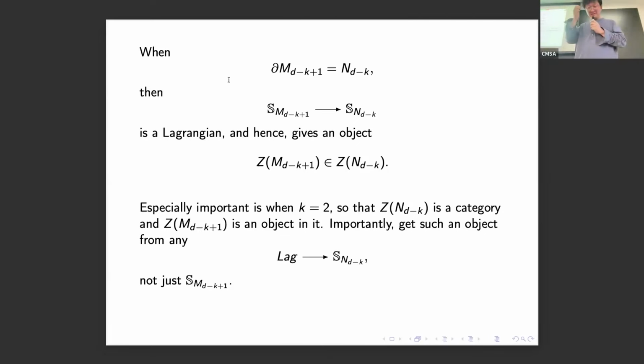So this is what I just said, the paper of David and Akshay and Yiannis. And especially, it's important to understand the case when k equals 2, so that you get a category and an object like that associated to a Lagrangian. Coming up with suitable Lagrangians that will do this is a large part of the classical theory developed in.